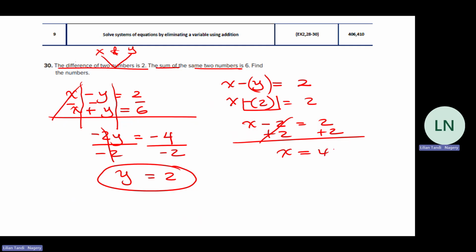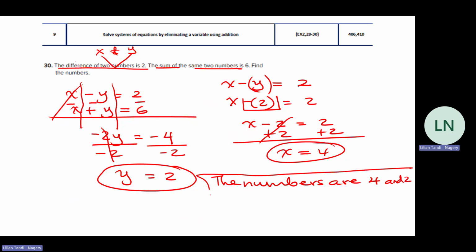X is 4. X comes before y. Find the numbers. The numbers are 4 and 2. And I box my answer.